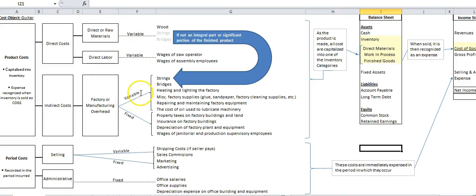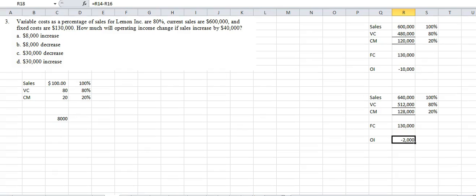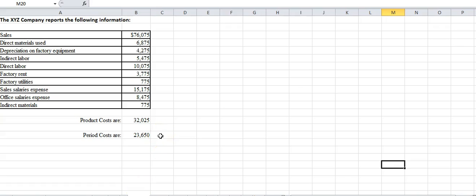It tells you which ones are variable and which ones are fixed. Learn this because it's going to be very useful for the test, okay? The question on this one is, I'll give you something like this, and you need to identify the product cost and the period cost. I have the answers here, but let's do it here on the side to see if we get it right again.